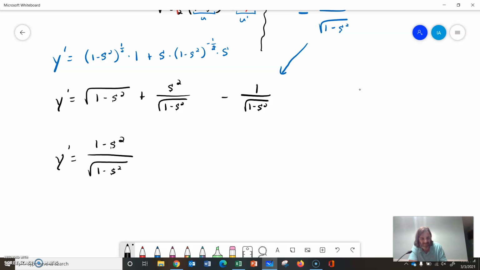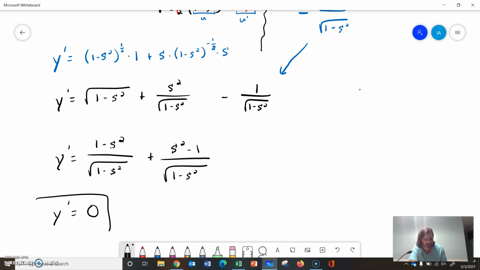And these two over here already have a common denominator, so I'll go ahead and combine them. S squared minus 1 over the square root of 1 minus s squared. Common denominator, 1 minus 1 goes away, negative s squared plus s squared. It looks like the derivative of this thing is 0.